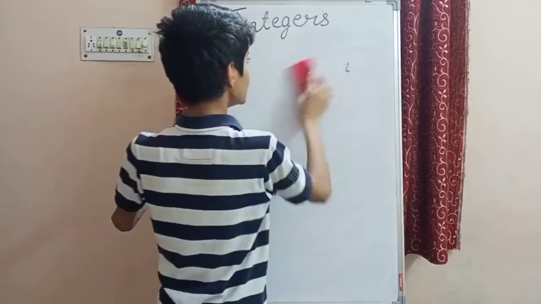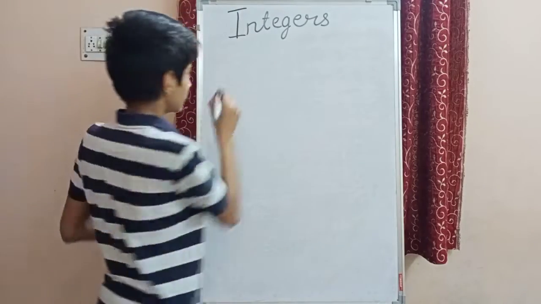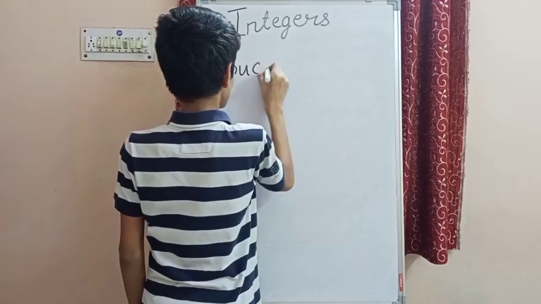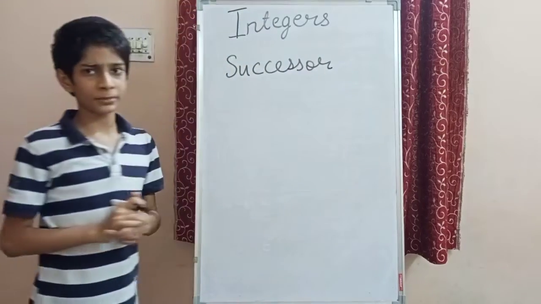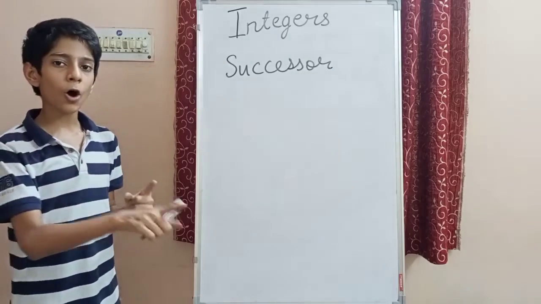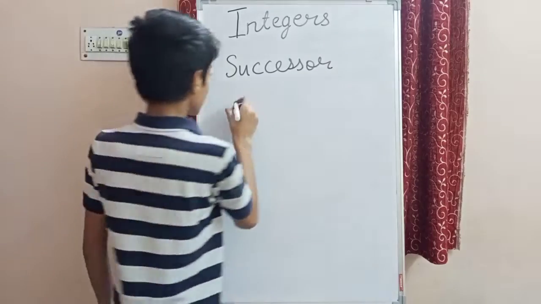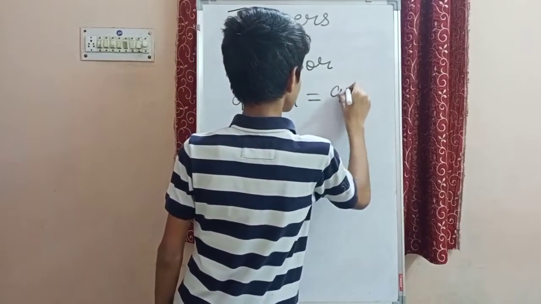Now I will tell you about the opposite form of predecessor, that is successor. So let's write here successor. Now what does successor mean? Predecessor means minus 1. Successor means the opposite, that is plus 1. If there is 96, then plus 1 in it, so it becomes 97.